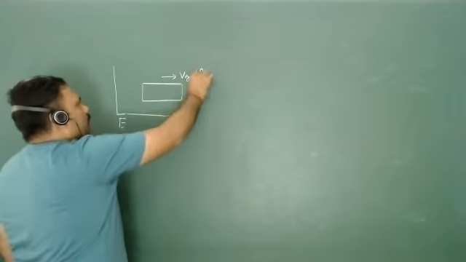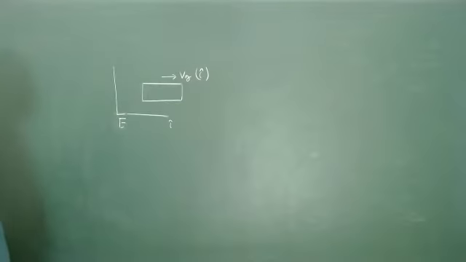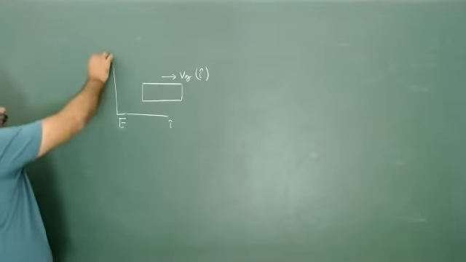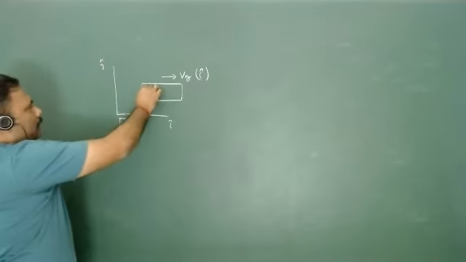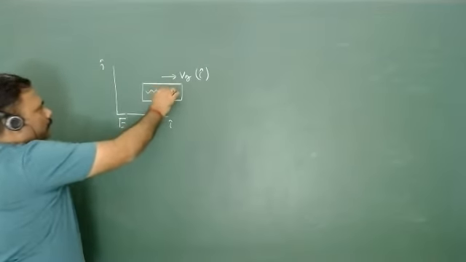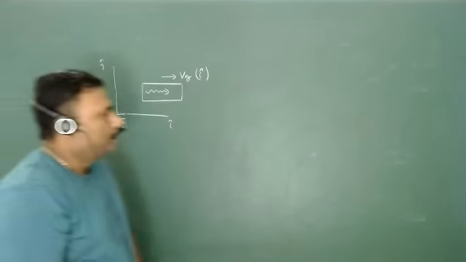For convenience, I can take this as my I cap direction, and obviously this is my J cap direction. What will happen? The light pulse enters into the glass plate.